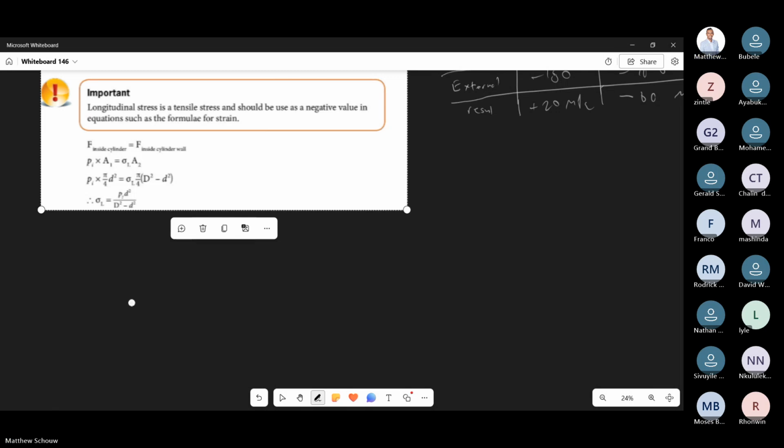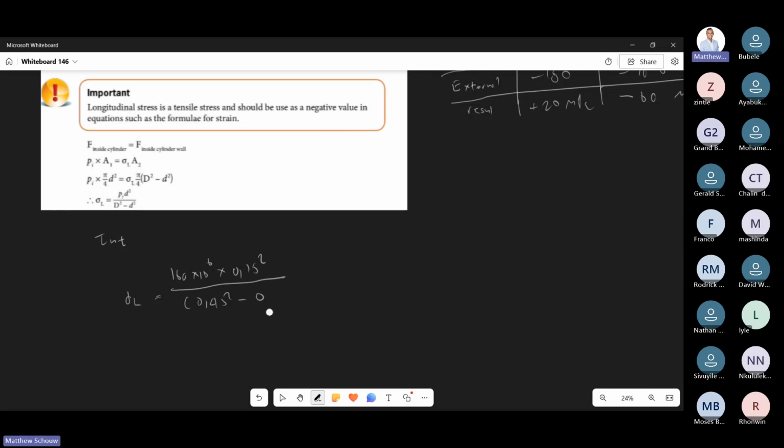So if I go stress L, what is the pressure again of the previous problem? 160 MPa, on the internal side, times the diameter, 0.15 squared, over 0.45 squared minus 0.15 squared.